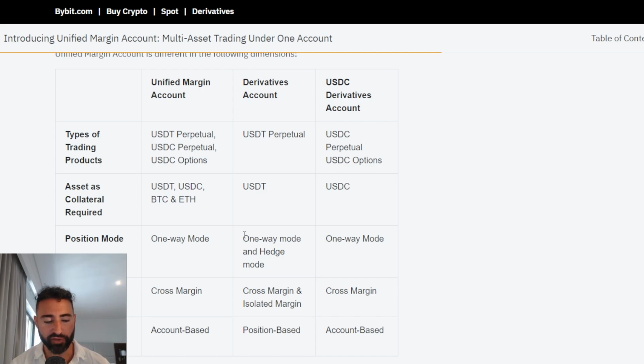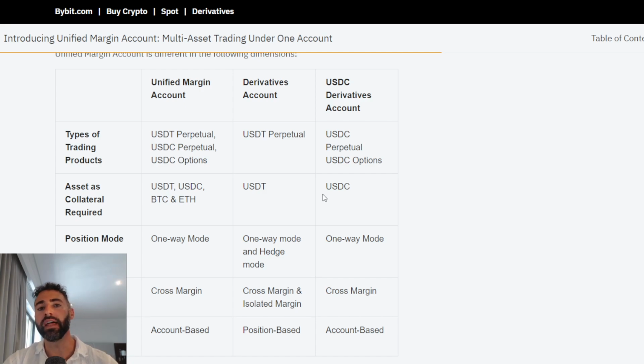But in two-way position mode, if you open one long position, you would be long one Bitcoin, and then if you open another position, short one Bitcoin, you would have a separate position, both of them operating independently. So you'd have two open positions. Whereas in one-way mode, if you opened one long and then one short, you have zero. You have nothing. It essentially gets rid of it. It's like a hedging mode.